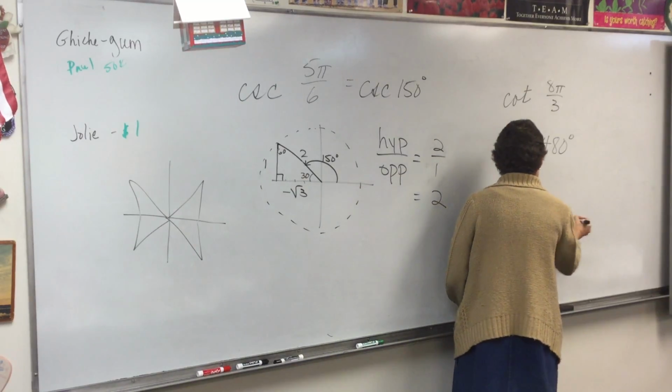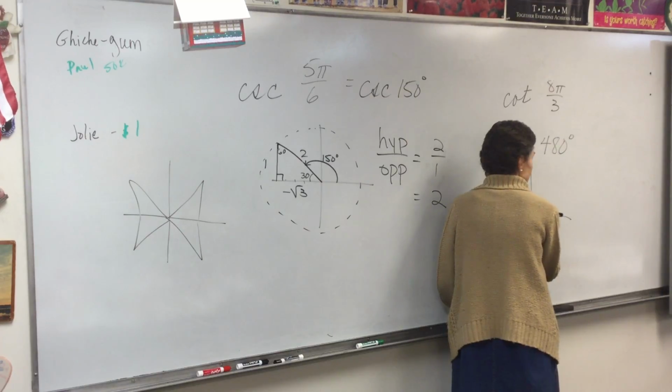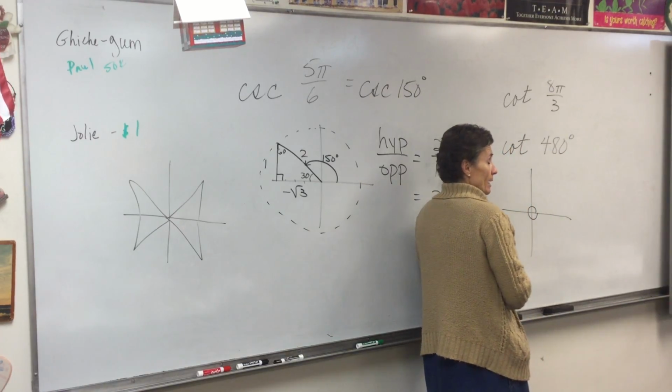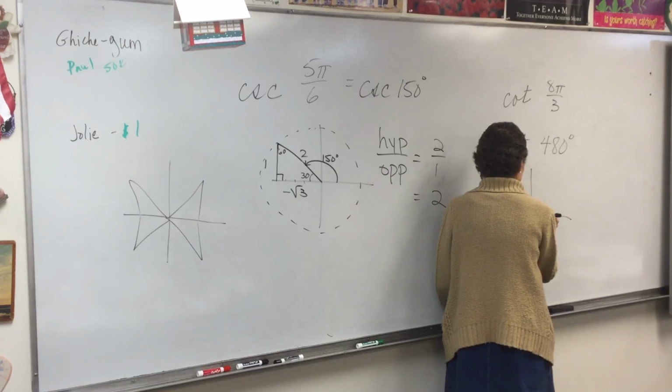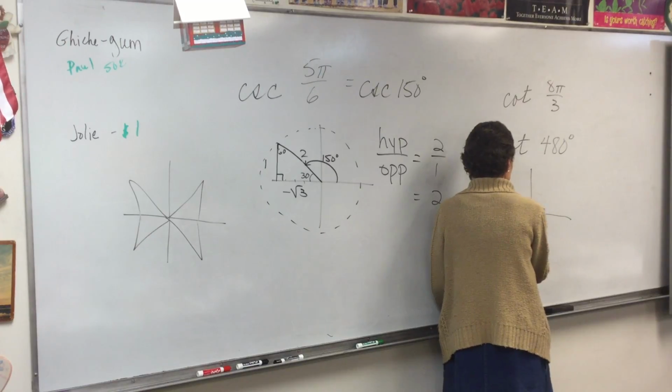That's exactly right. So I'm going to go ahead and draw it because that's what I do. So there's 360, right? And now I need to go how much more? 120.